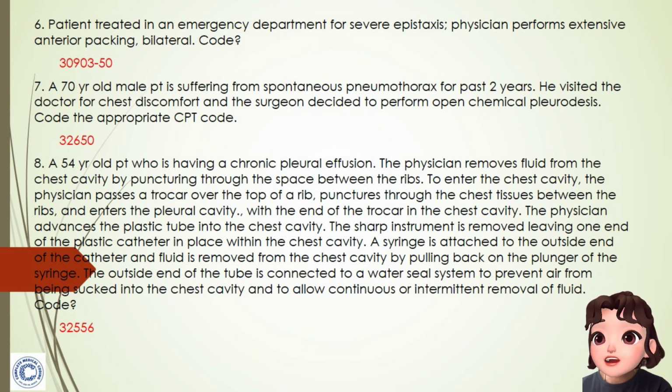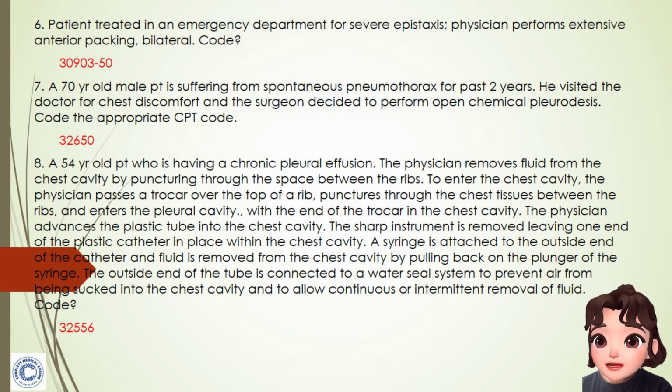The physician removes fluid from the chest cavity by puncturing through the space between the ribs. Now, the remaining part is just mentioning how the procedure is being done. To enter the chest cavity, the physician passes a trocar over the top of a rib, punctures through the chest tissues between the ribs, and enters the pleural cavity.